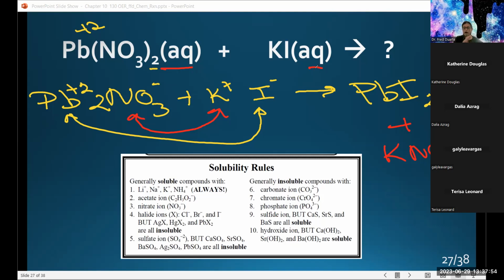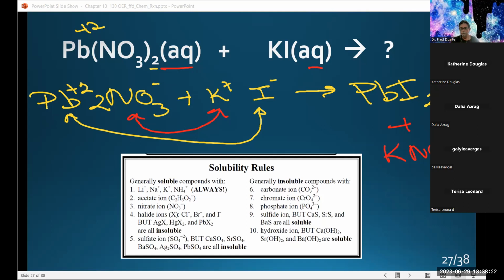I'm going to put them together, and since they're ionic compounds, they're soluble, dispersed 100% in solution, and when you mix them together, the cation would then combine with the anion, in this case, the lead 2 ion.